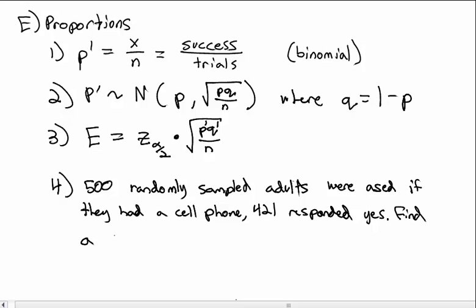Find a 99% confidence interval for the true proportion.